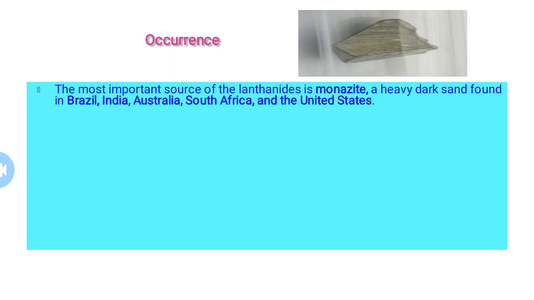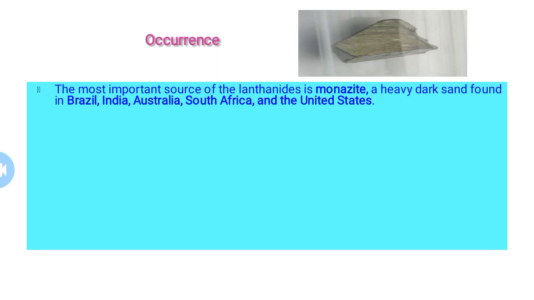Monazite is a heavy dark sand found in Brazil, India, Australia, South Africa and the USA.